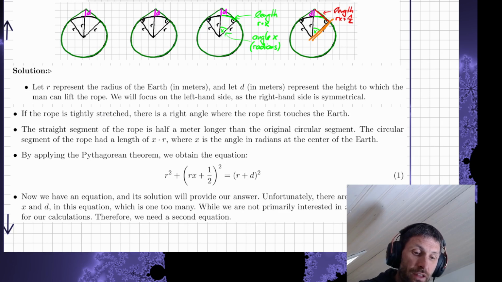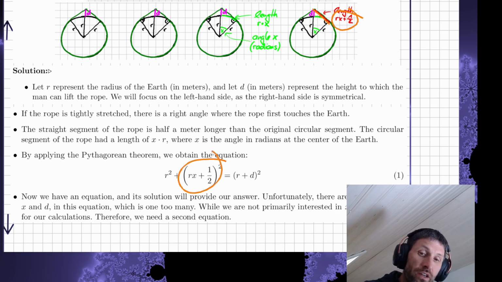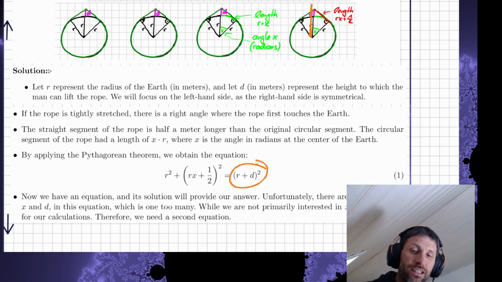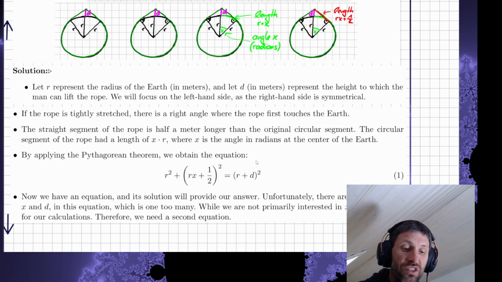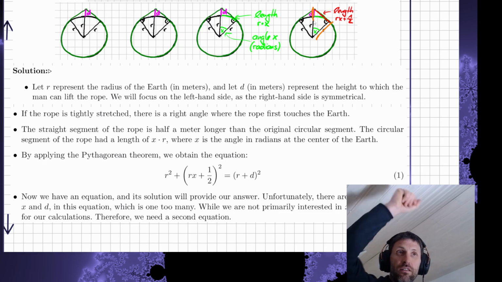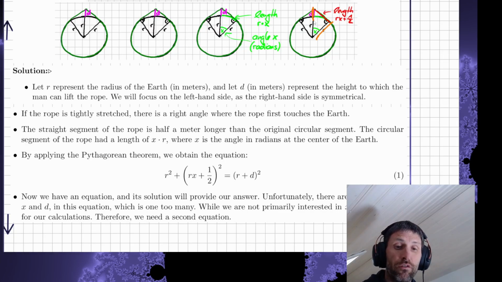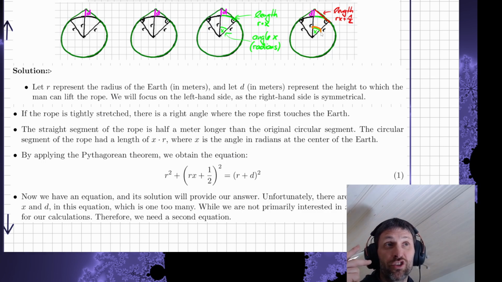And this length is r, this length is rx plus a half, squared, and that is equal to r plus d squared. What is r? R is the radius of the Earth, d is the height we are looking for, and x is an angle in not degrees but in radians.